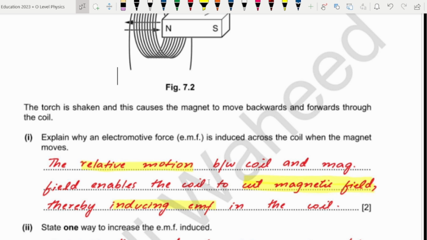Or, alternate explanation: due to the relative motion between the coil and the magnet, there is a rate of change of magnetic field through the coil, and that induces EMF in the coil. Say one way to increase the induced EMF.